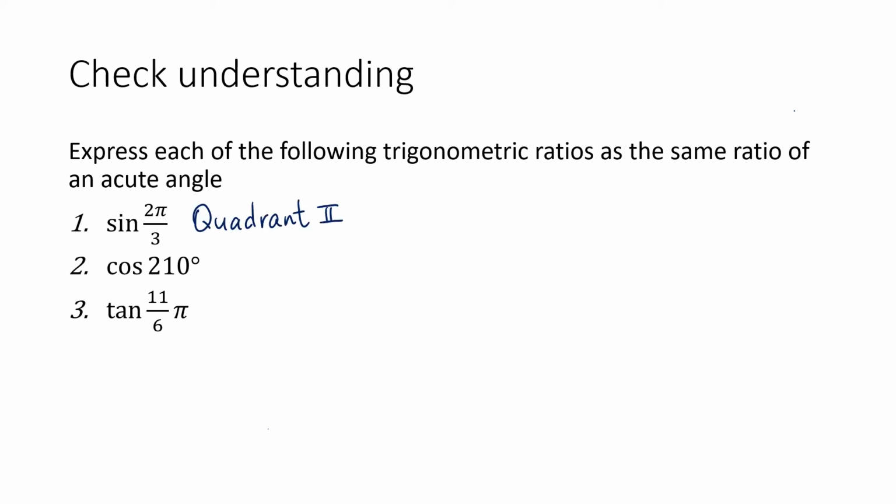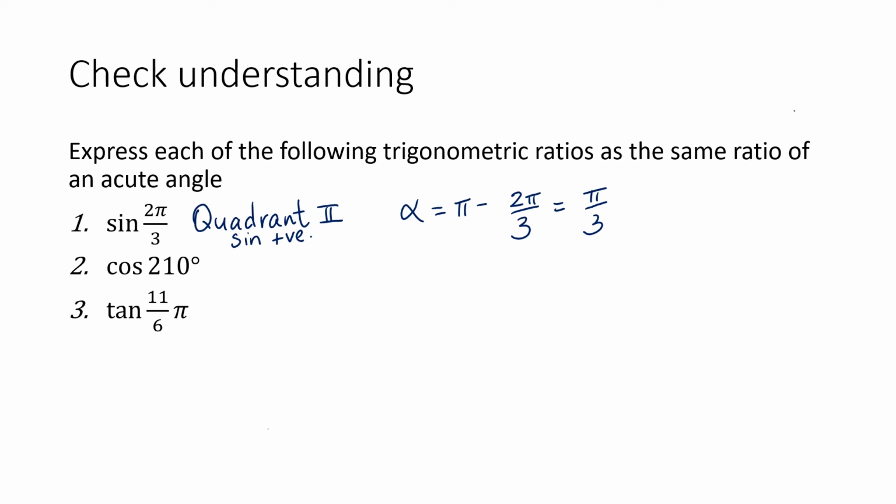In the second quadrant, to find our reference angle, in radians it is pi minus our general angle. So therefore alpha is equal to pi minus 2 pi on 3, which gives us simply pi on 3. Now, in the second quadrant, sine is the only positive ratio.